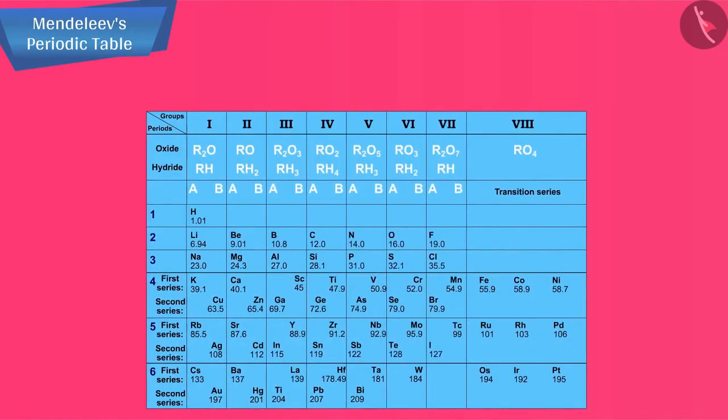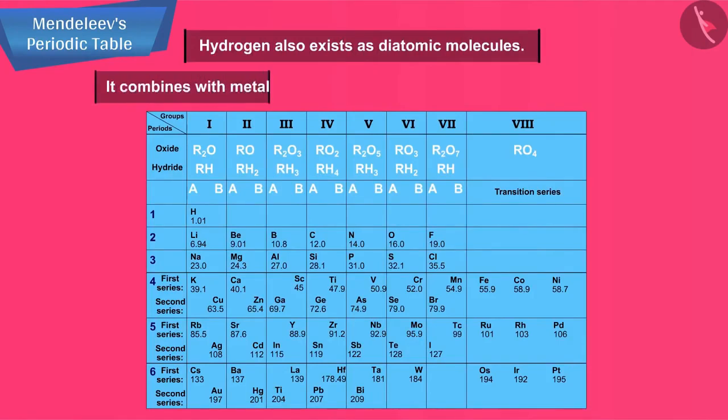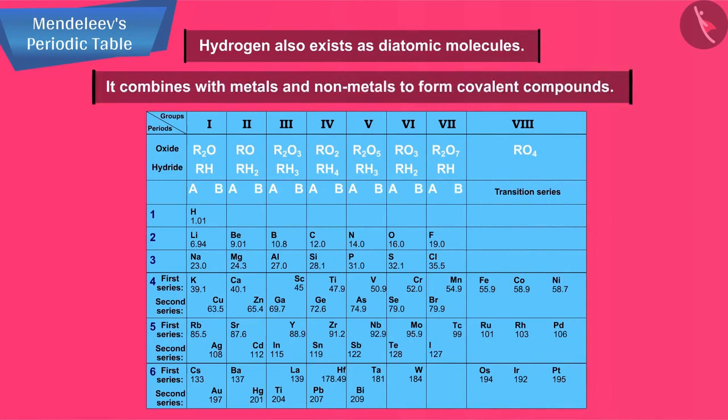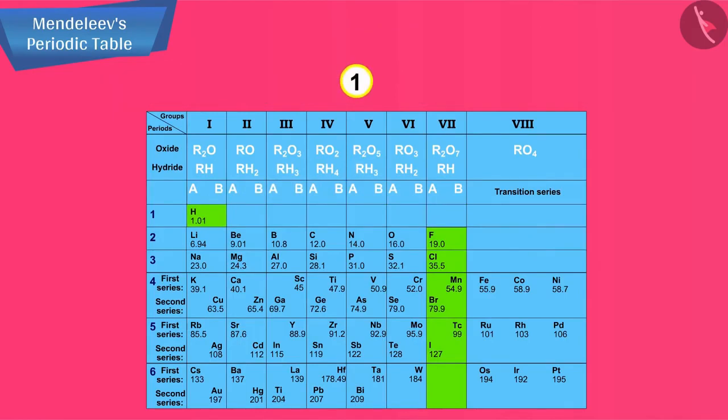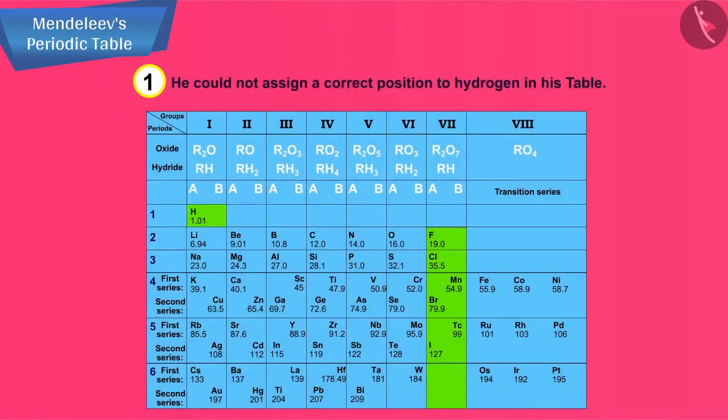On the other hand, just like halogens, hydrogen also exists as diatomic molecules, and it combines with metals and non-metals to form covalent compounds. No fixed position can be given to hydrogen in the periodic table. This was the first limitation of Mendeleev's periodic table. He could not assign a correct position to hydrogen in his table.